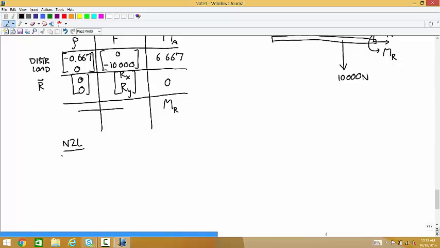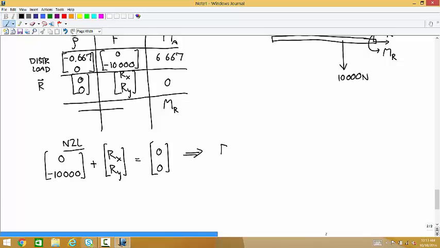And now Newton's second law says 0, negative 10,000, plus Rx, Ry is equal to zeros. We can solve this one right now, and it says that that R vector is 0 for x, positive 10,000 for y.